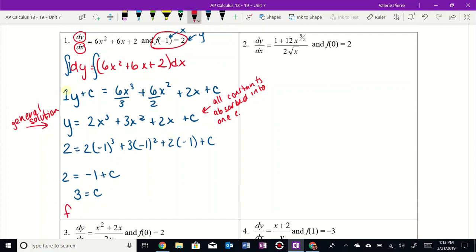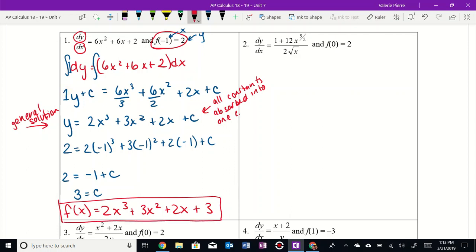So our final equation is f of x is equal to 2x cubed plus 3x squared plus 2x plus 3. So this equation is the antiderivative of our dy dx.